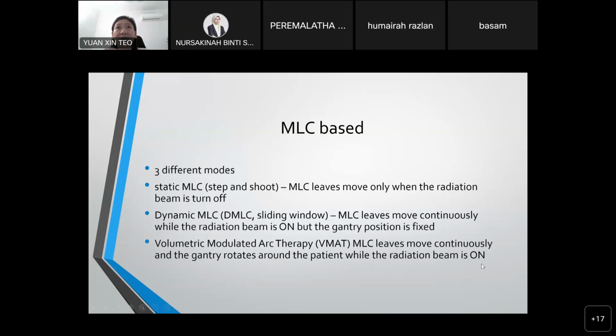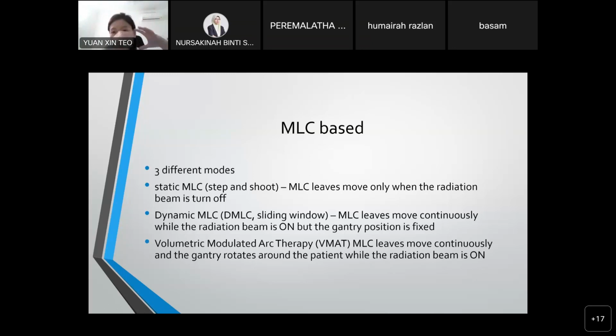You have to imagine the gantry angle moving continuously, and at the same time the MLC is also moving and the radiation is delivered. This is why we say Remap is much faster than the IMRT technique.